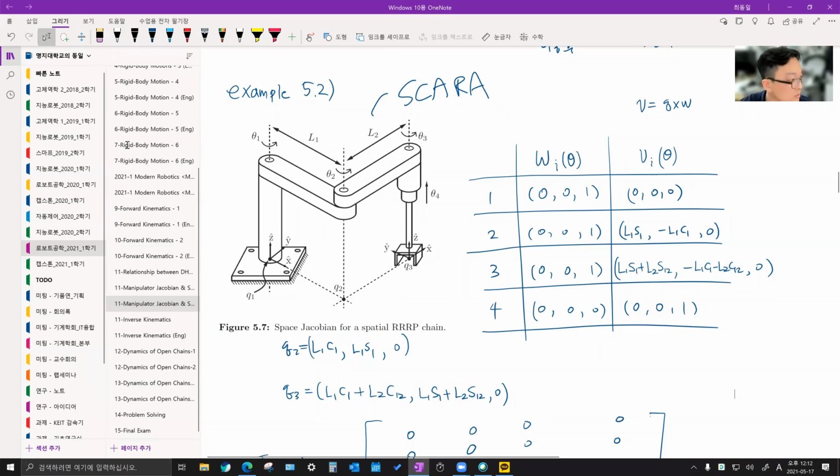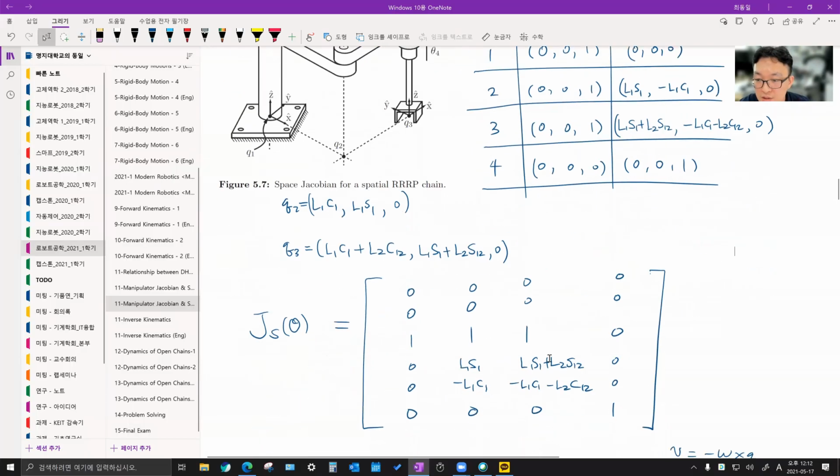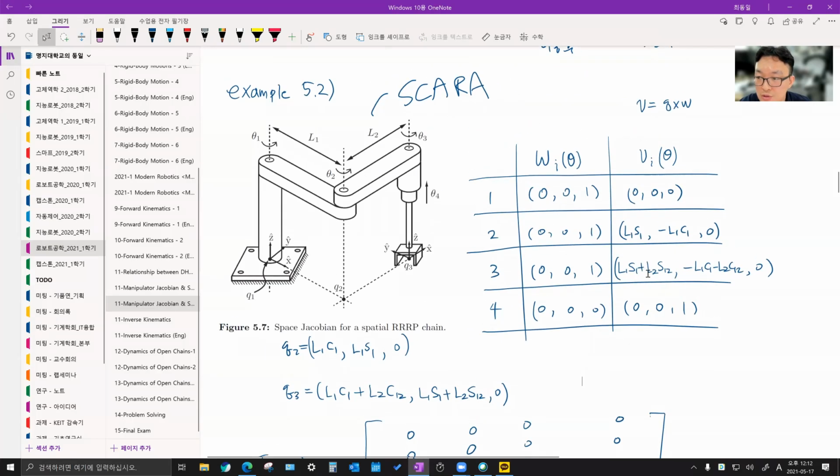In this example, we have to find Jacobian matrix, like this. So to find this one, the only thing to do is to find screw axis. And that is very similar to the forward kinematics.